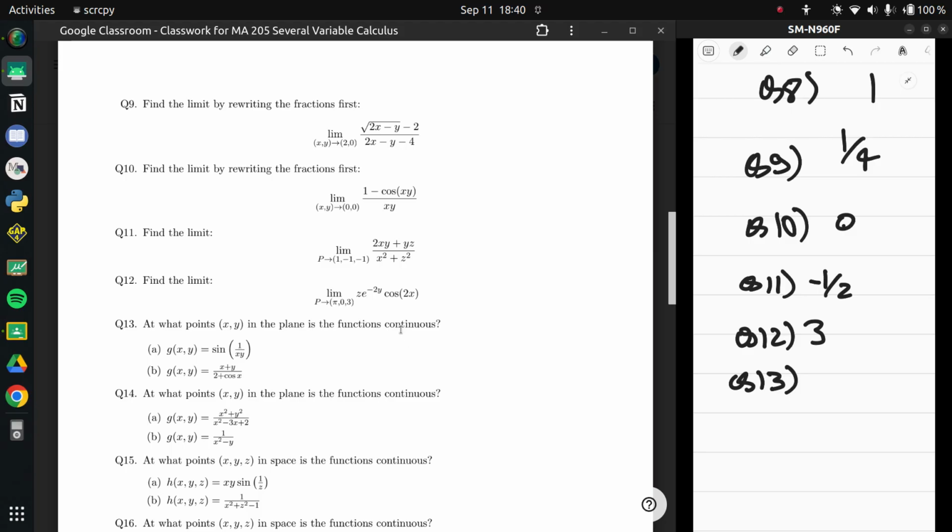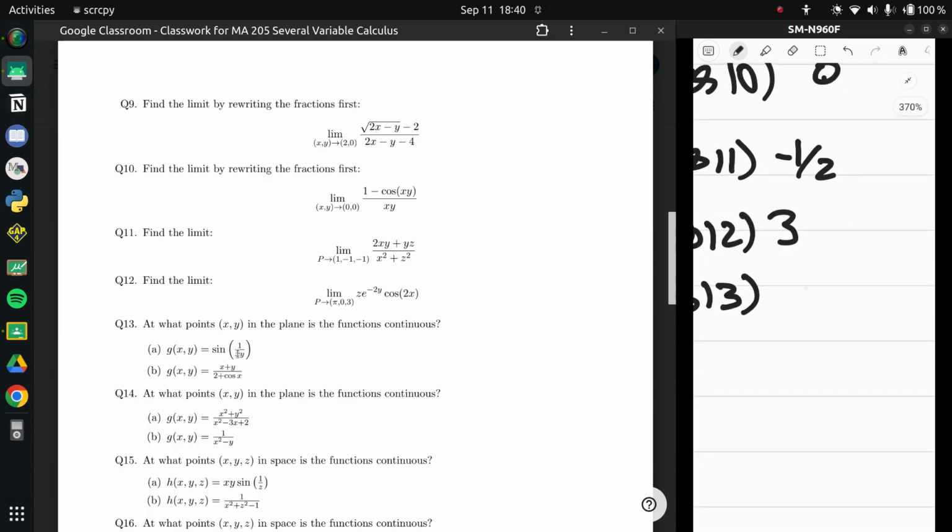At what points (x, y) in the plane is the function sine of 1 upon xy continuous? Okay, so this is going crazy as x approaches 0 or as y approaches 0, right? Apart from that, it's all continuous, so all such points.